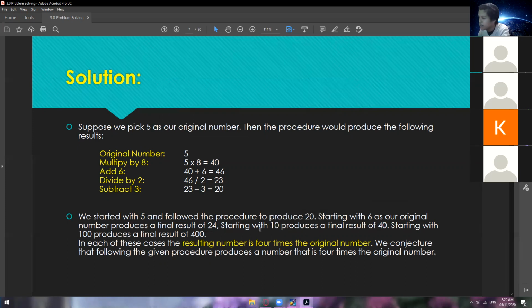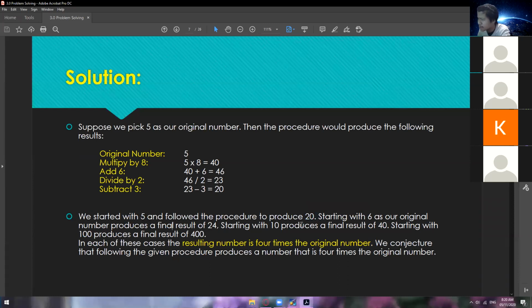So from here, you might be able to have your conjecture already. From 5 to 20, 6 to 24, and 10 to 40. From those 3 results, you might already have your conjecture. You could say that 20 and 5, it's like dividing by 4 or multiplying by 4.